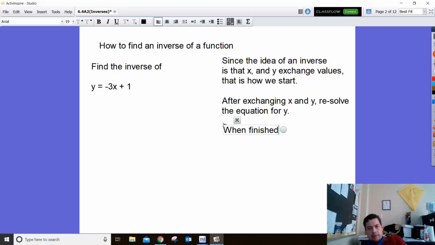When finished, replace y with f to the -1 of x. F to the -1 of x is read inverse of f of x.